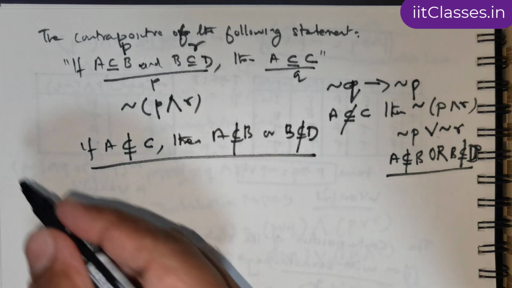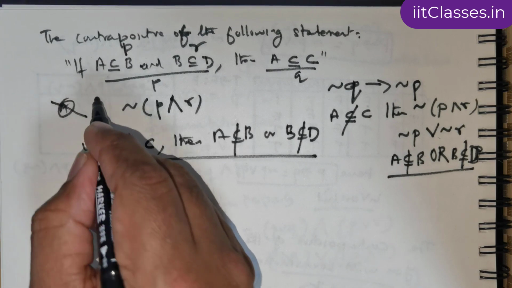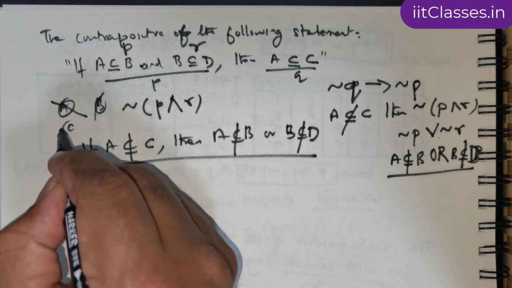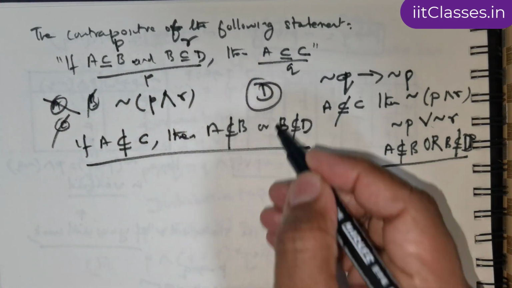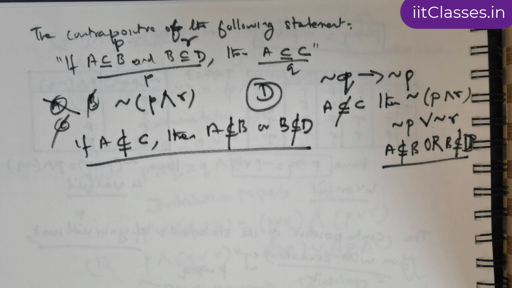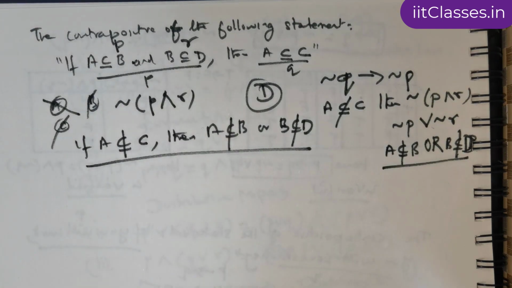Now if you were to look into the choices, clearly A is not the right choice, B is not the right choice, C is not the right choice, and D is the only right choice that we can clearly pick up. You can clearly see that if A is not a subset of C, then A is not a subset of B, or B is not a subset of D. So that is quite a sum, and we'll move on to the next question.